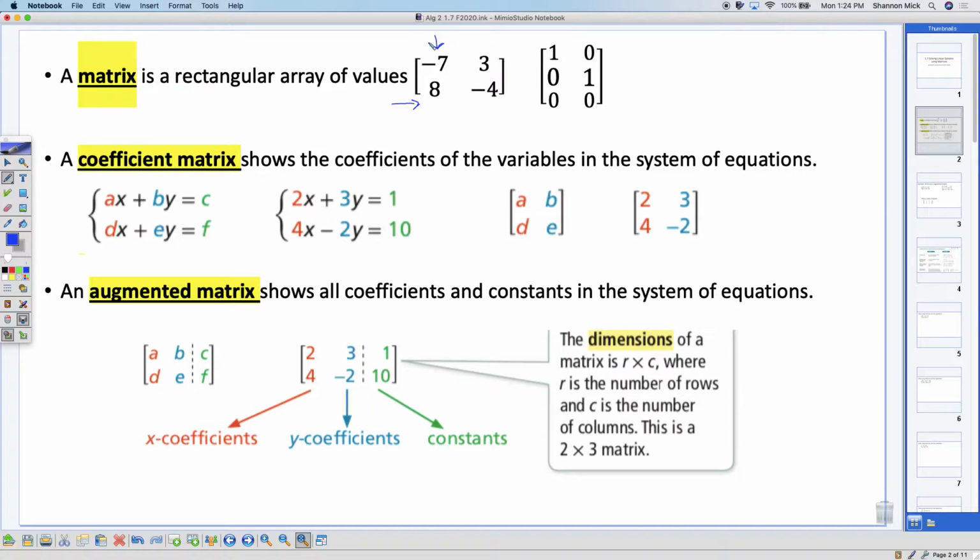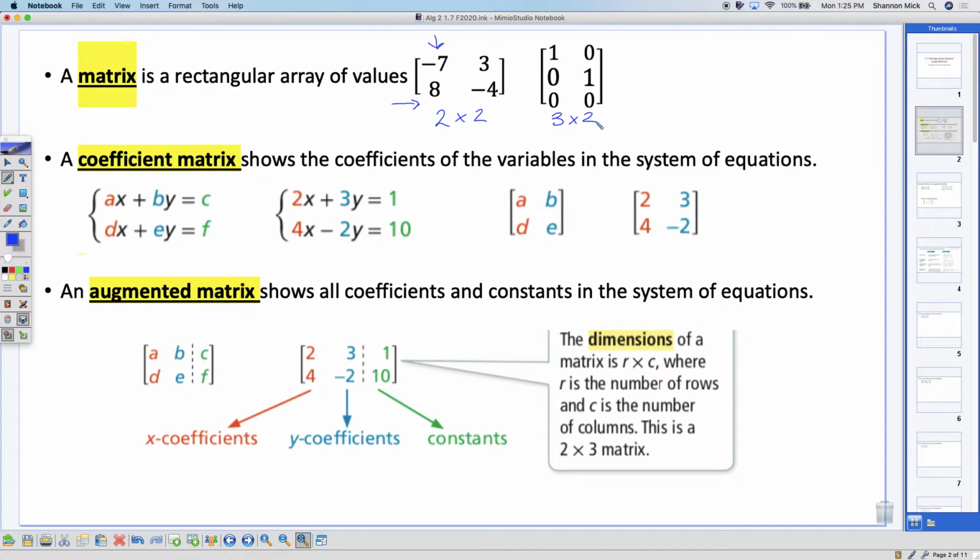And this one has 2 rows by 2 columns, and this one has 3 rows by 2 columns. It is always row by column. Dimensions, they call them dimensions, order, size. Those are all 3 things that you can call them.